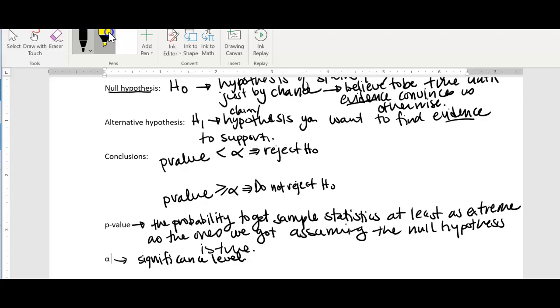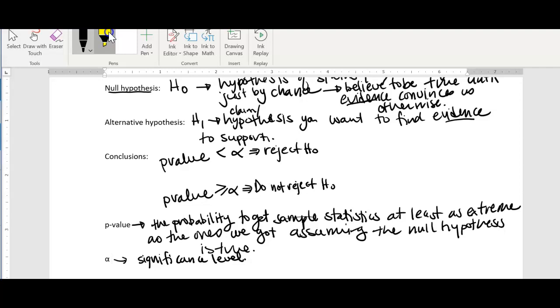So if you reject your H naught, that means you don't think that it is true. Our evidence suggests, because our p-value is less than our alpha, that it's really unlikely to get the sample statistic, assuming that the null was true. So we're going to reject what we assumed was true, okay?